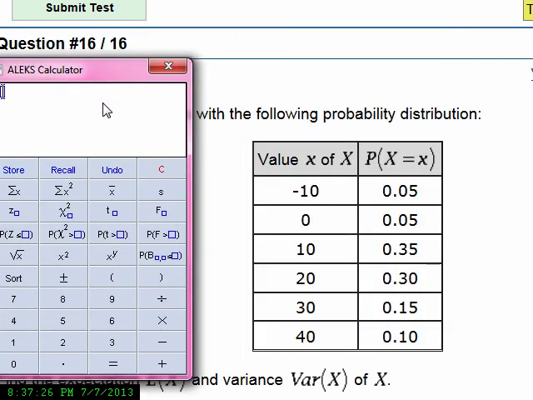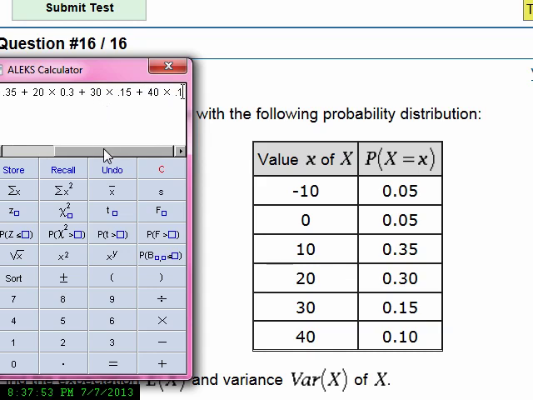So I'm going to do negative 10 times 0.05 plus 0 times 0.05. I'm going to skip that. 10 times 0.35 plus 20 times 0.30 plus 30 times 0.15 plus 40 times 0.1.